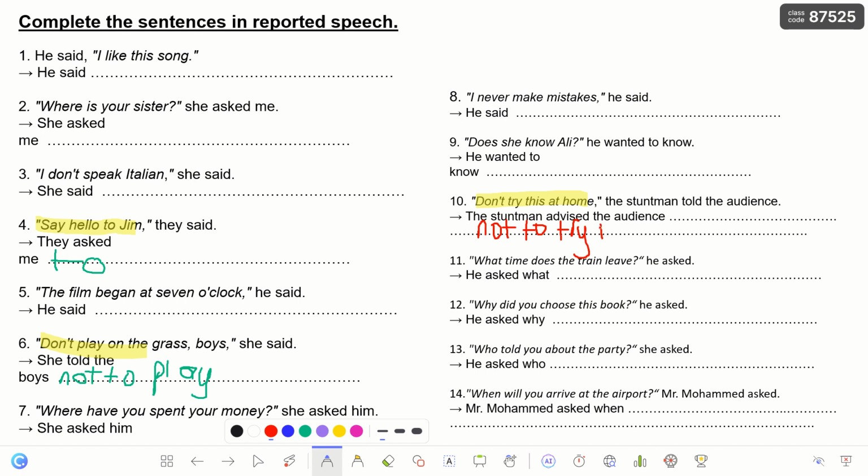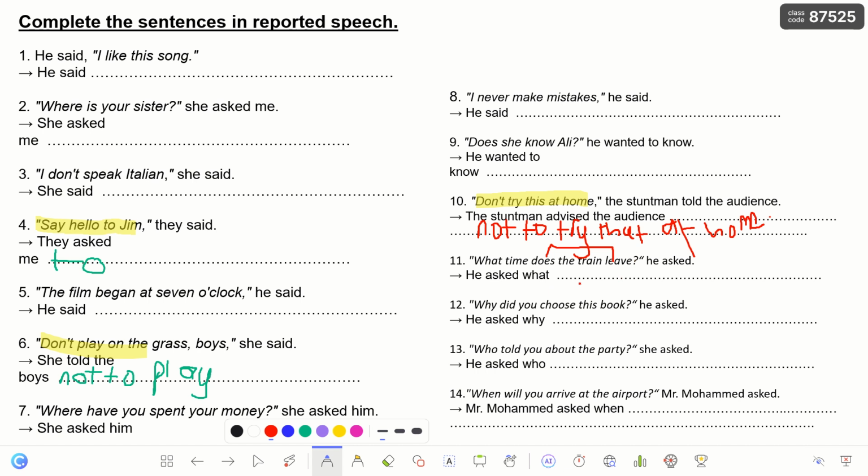This becomes that in reported speech, not to try that at home. Sorry for my handwriting. Okay. Here we have reported questions. What time does the train leave? He asked what time the train left, because I backshift this one to past.